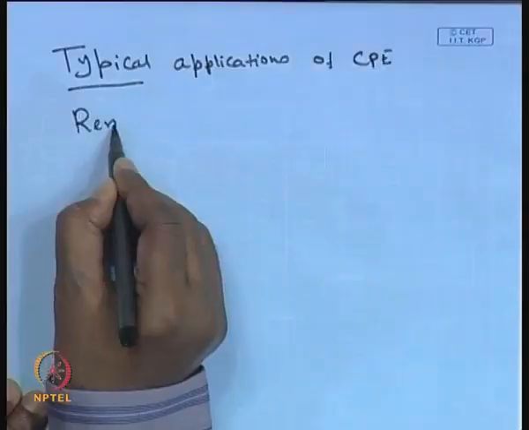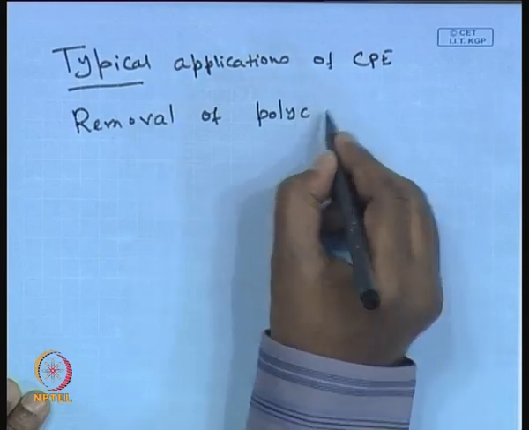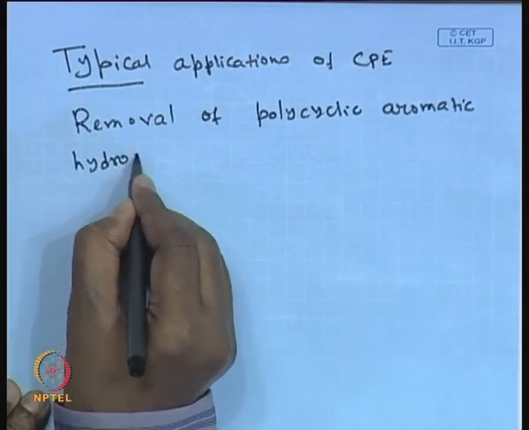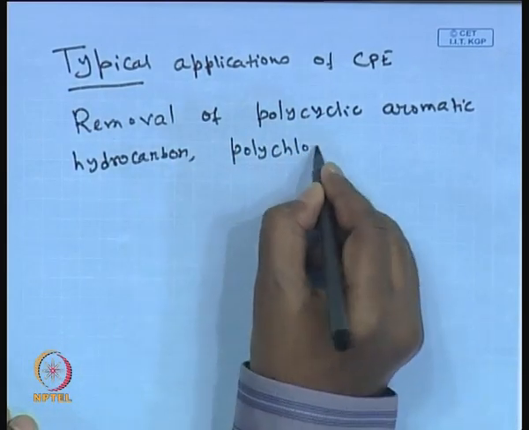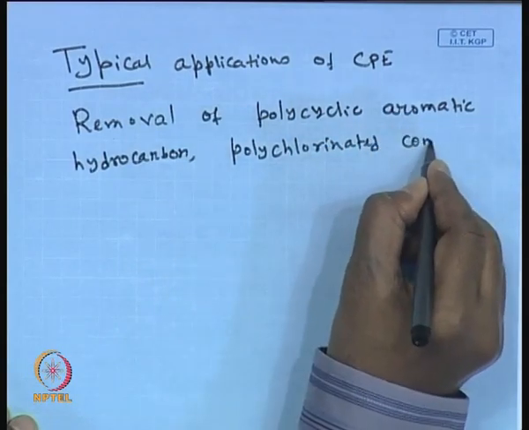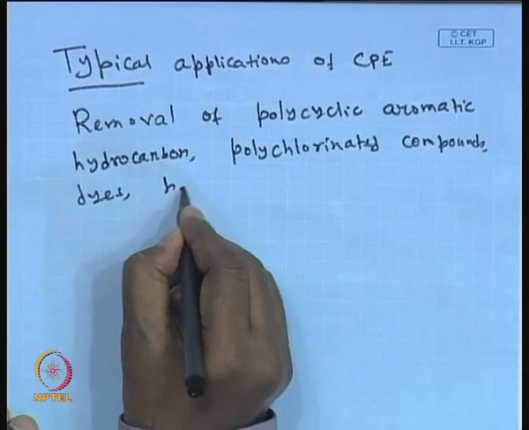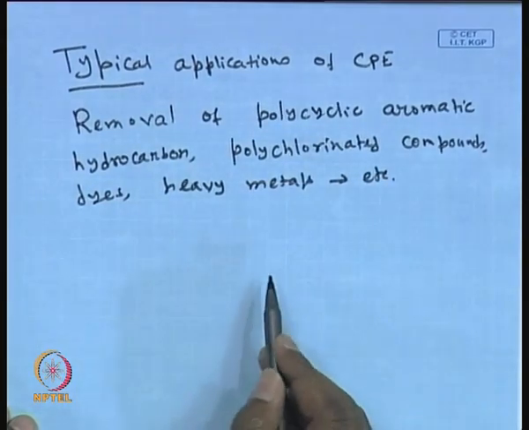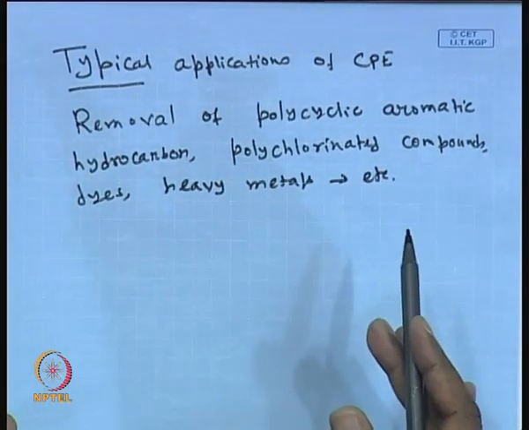So, removal of PAH, polycyclic aromatic hydrocarbons, polychlorinated compounds, dyes, heavy metals, etc. So, these are all cancer-causing components present in the aqueous system, depending on the source of the water that you are going to have in different places, different locations.